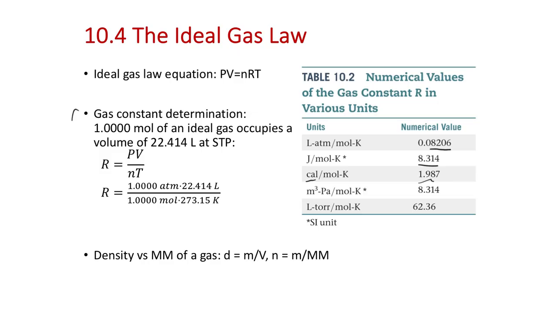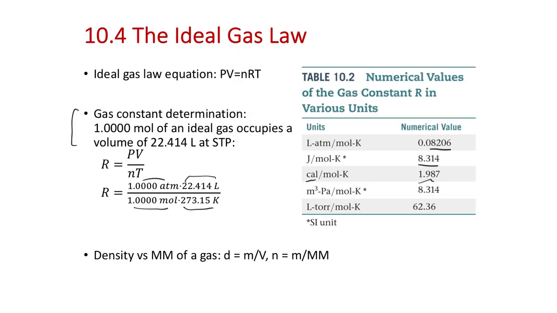Well, it comes back to that ideal gas. We go back to that 1 mole of an ideal gas occupies a volume of about 22.414 liters at STP. So that allows us to calculate R. We know that the pressure was about 1 atmosphere, really precisely. The volume was 22.414 liters. And then we're just plugging in that it was 1 mole of gas at STP, 0 degrees C, which would be 273.15 Kelvin.